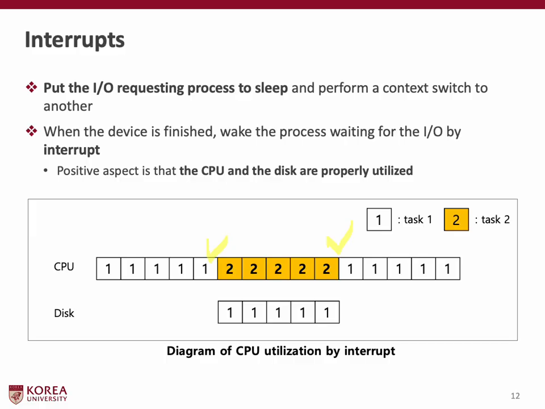Then the operating system wakes up task 1 and continues its execution again, like this. So this method allows both the CPU and the I/O device to be used efficiently. I mean, the CPU doesn't waste time waiting. This is the basic concept of using interrupts.